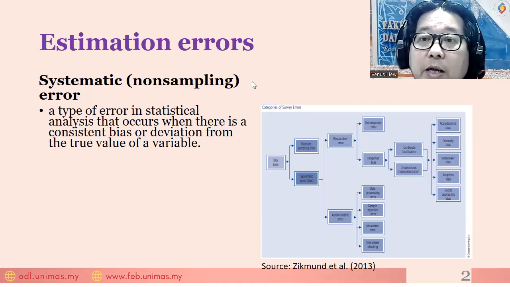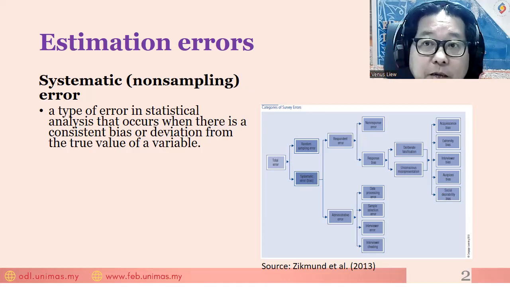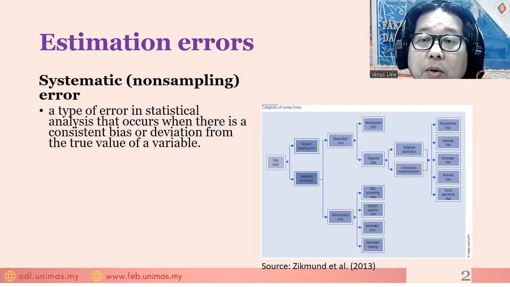So we will get a statistic, the average sample household expenditure, to approximate the true value of the population average household expenditure. So in doing so, we may have errors.